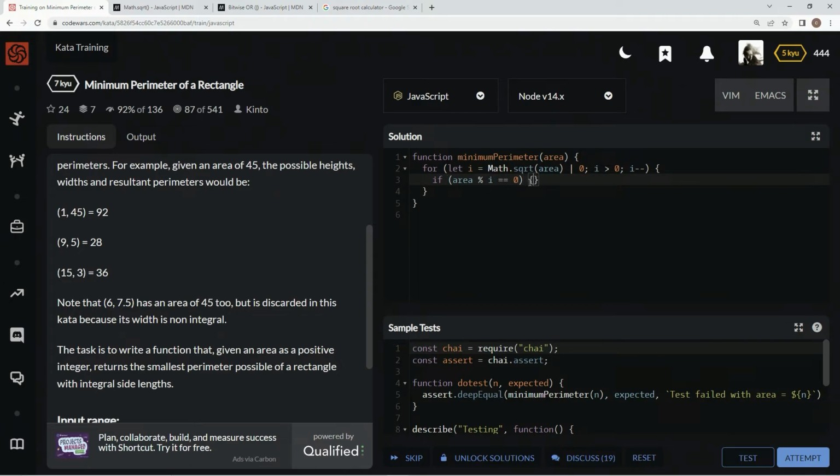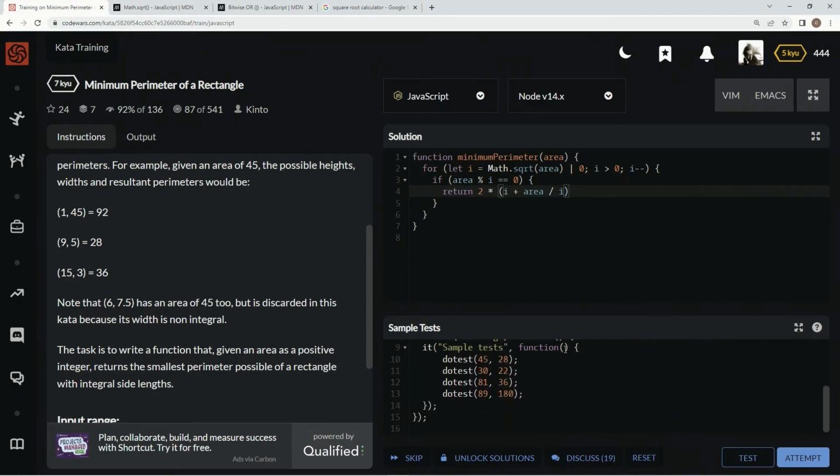So we're going to return 2 times i plus area divided by i. So it's going to be 5 plus area divided by 5, so 5 plus 9 is 14, times 2 is 28. And there it is right there, 28.